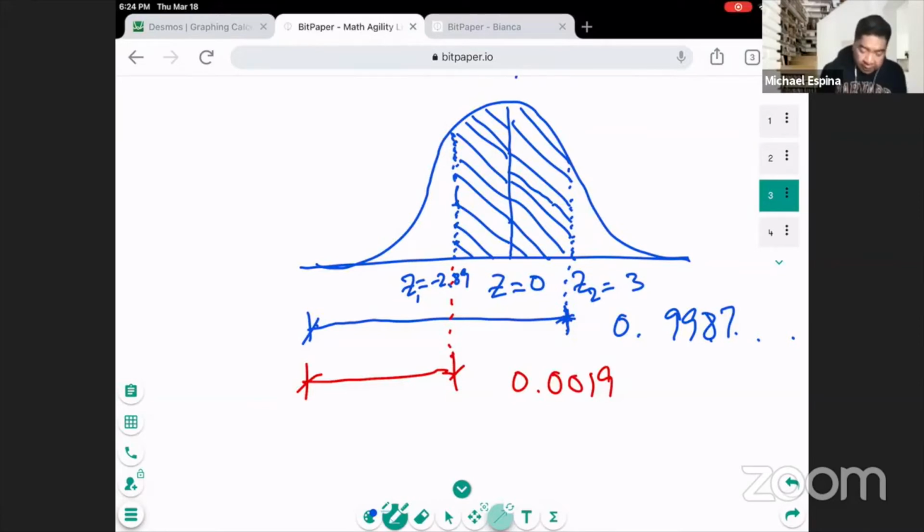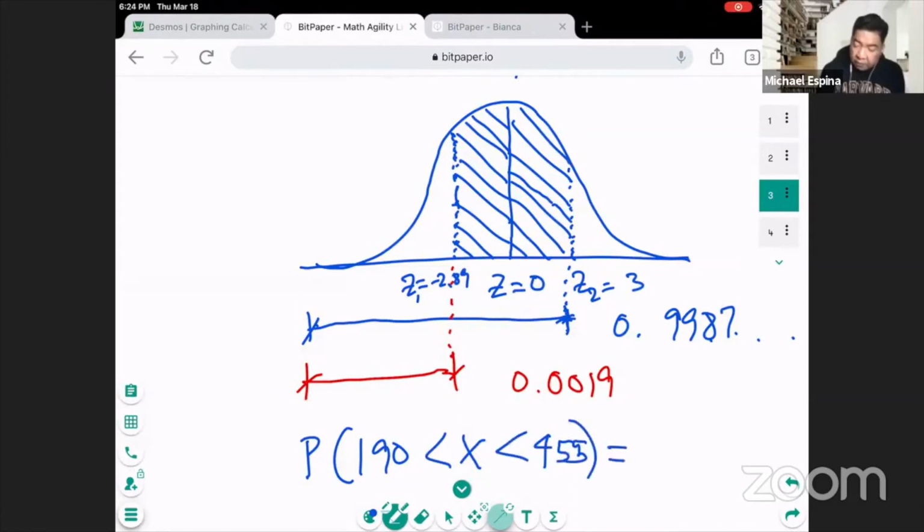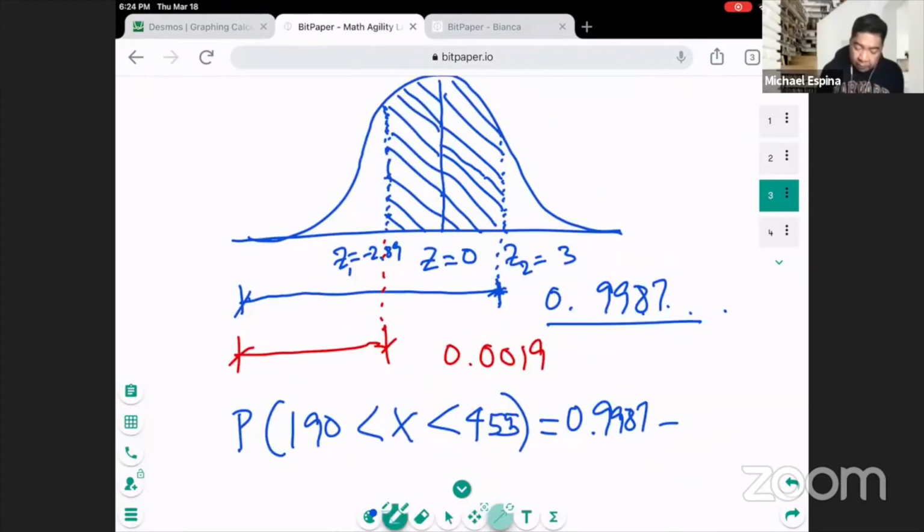So the probability of x between 190 and 455 feet would be 0.9987 minus 0.0019.